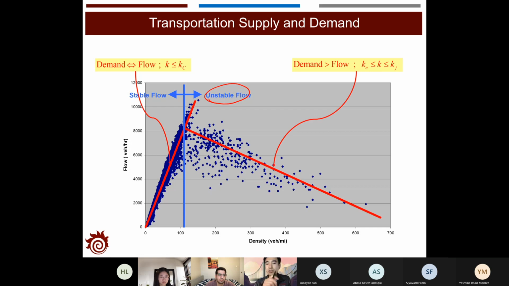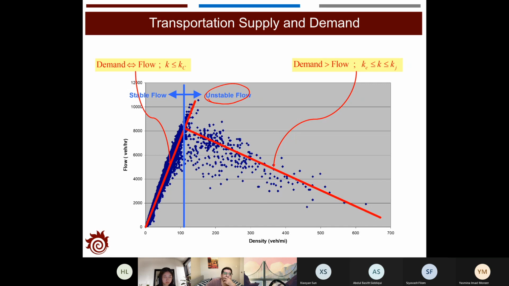The actual flow is shown as the red line, but in reality, the demand is much higher than the red line. The reason we observe this low flow is because the road has capacity constraints. So we will actually have a higher demand on the road, but the supply of the traffic network is smaller.